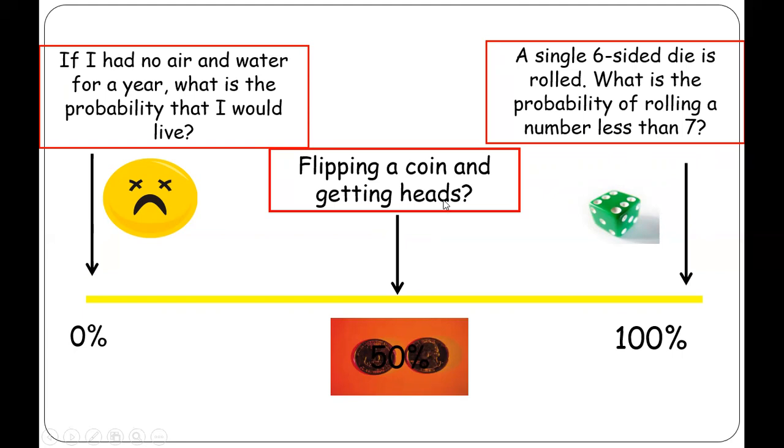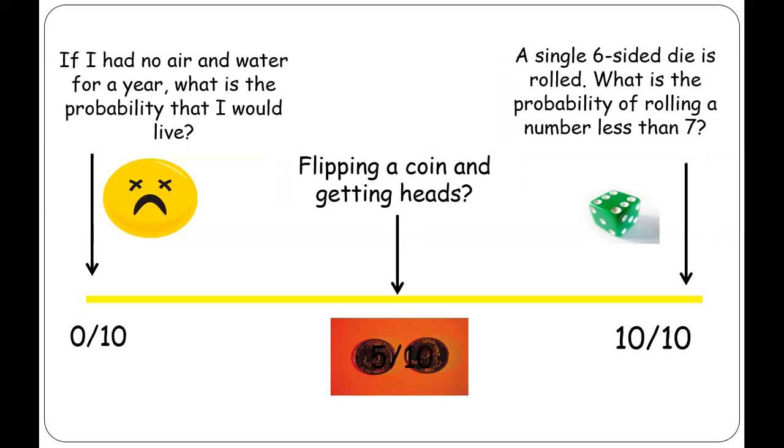You know a coin has only heads or tails. So it is 50% or half, okay? A single six-sided die, which is this one, the cube, is rolled. What is the probability of rolling a number less than 7? Of course, it is 100% or certain, okay? There you go.